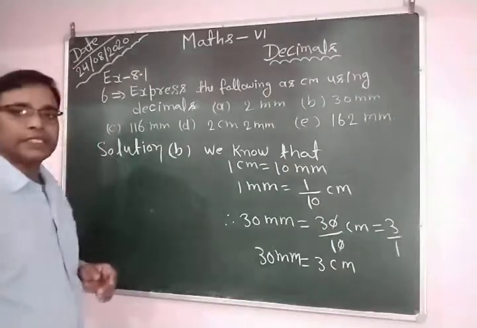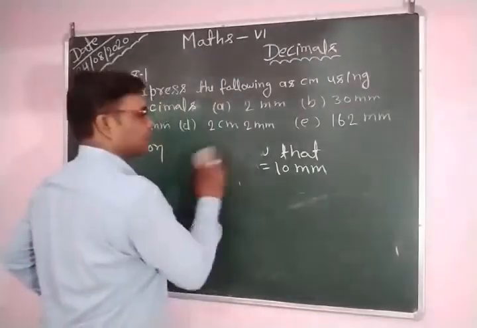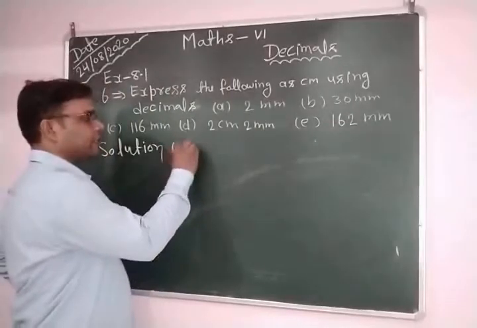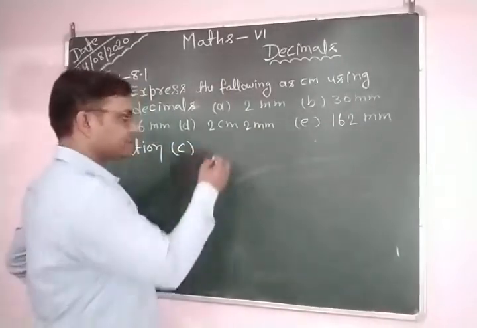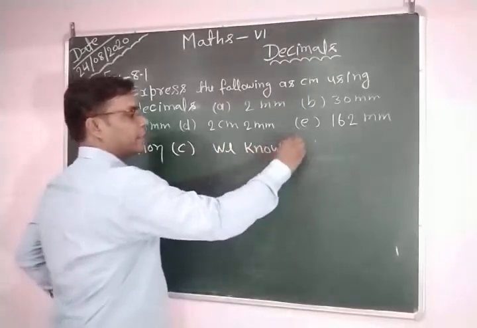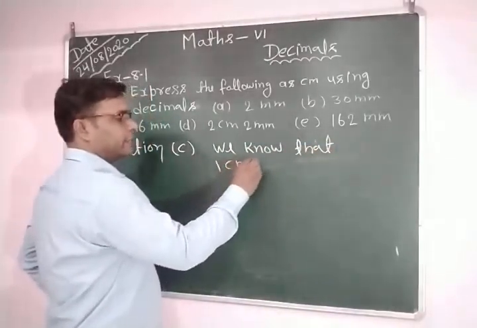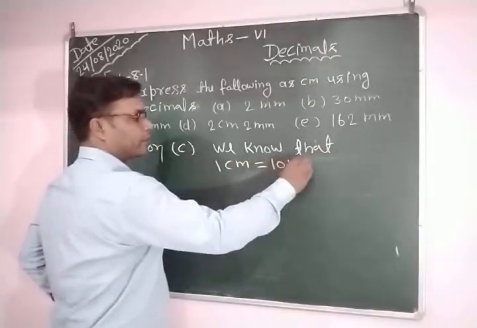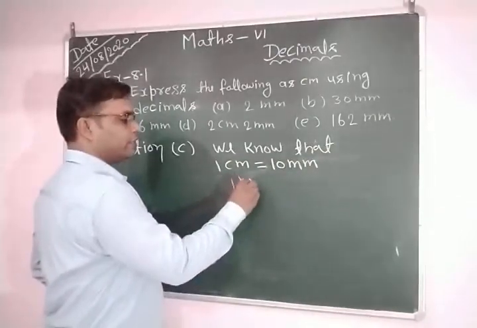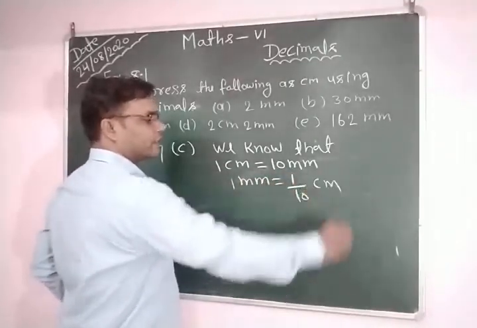This is given 116 millimeters. This is C part. Again we write, we know that 1 centimeter is equal to 10 millimeters, or 1 millimeter is equal to 1 by 10 centimeters.